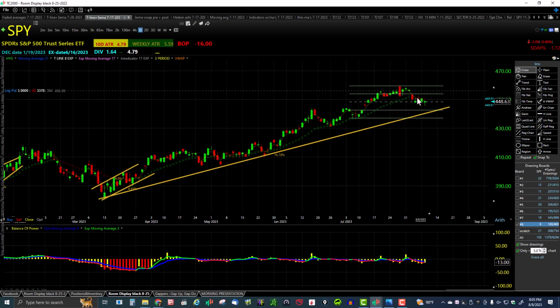Anytime we close in the upper third of the quad lines, that's bullish to me. If it's in the upper 30%, for me, that's a bullish situation. Most bull flags, the flagpole will go up, and the flag I like to see remain in the upper 30% of the quad line move. It's broken up into 4 equal segments of 25% each.